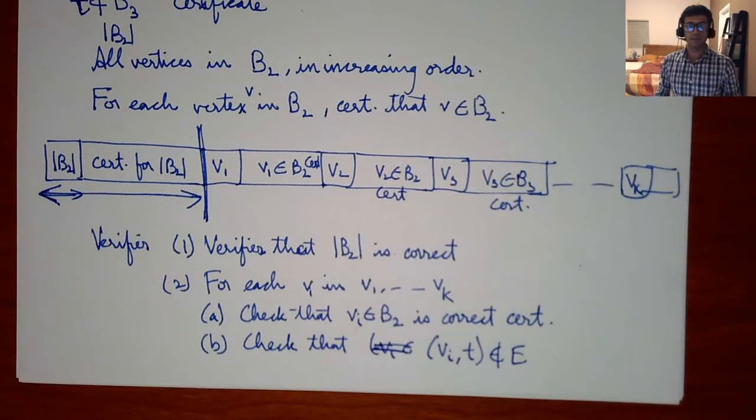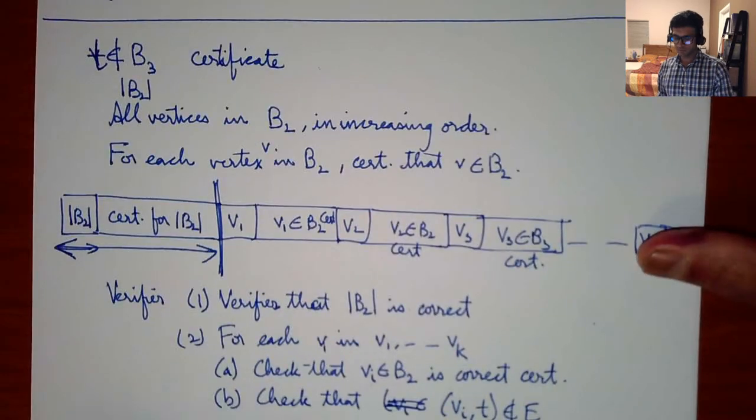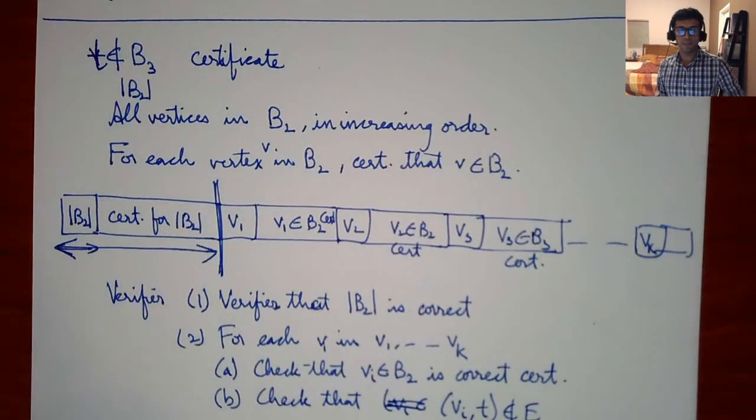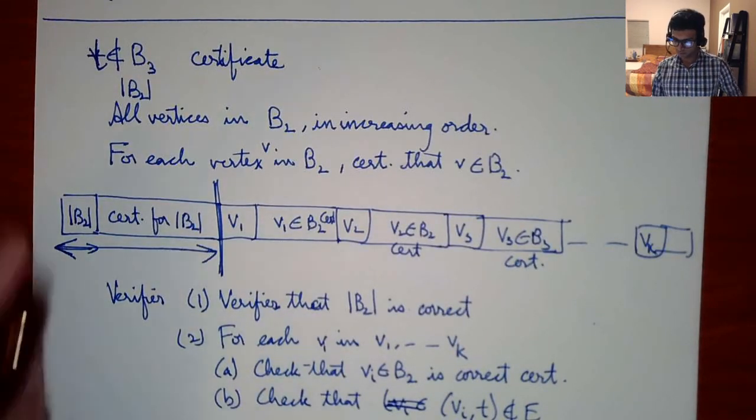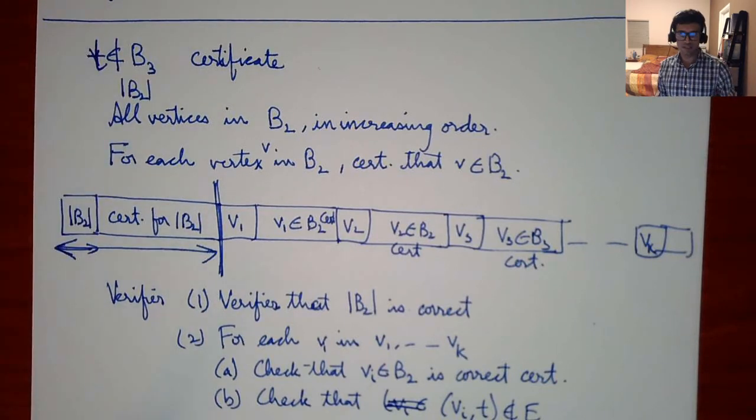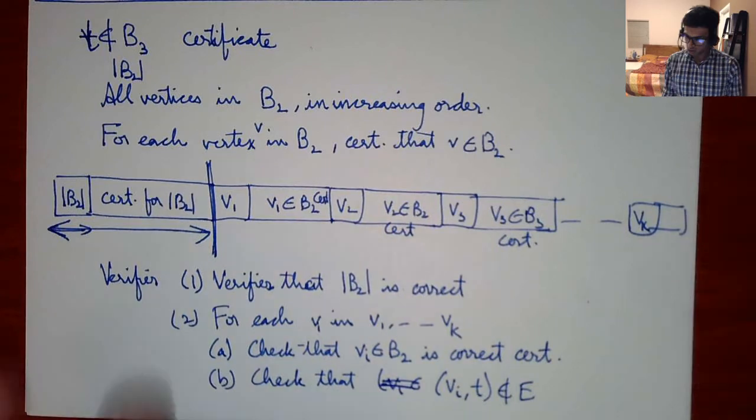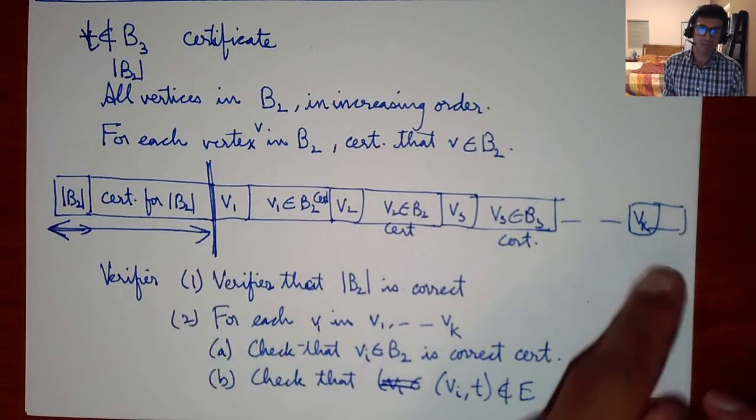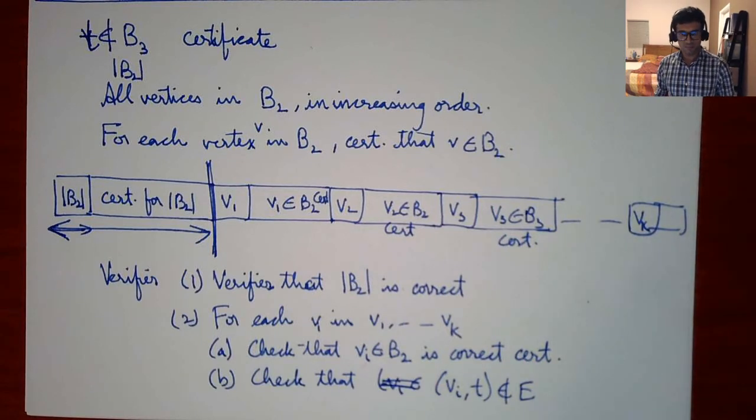This gives a verification of T not being in B3. So first a certificate for the size, then this. Does this make sense?